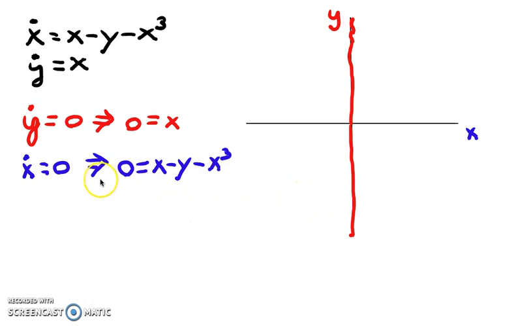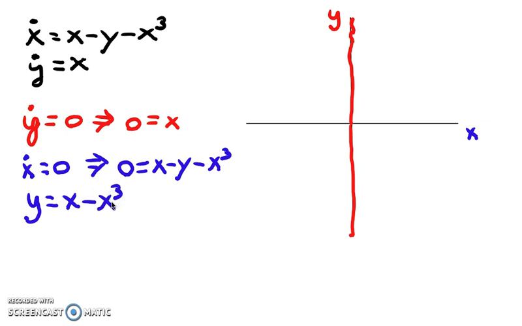Now in order to plot the set of points that satisfy this condition, it's probably easiest to move the y to the left-hand side. So the set of points we're interested in satisfy y equals x minus x cubed.